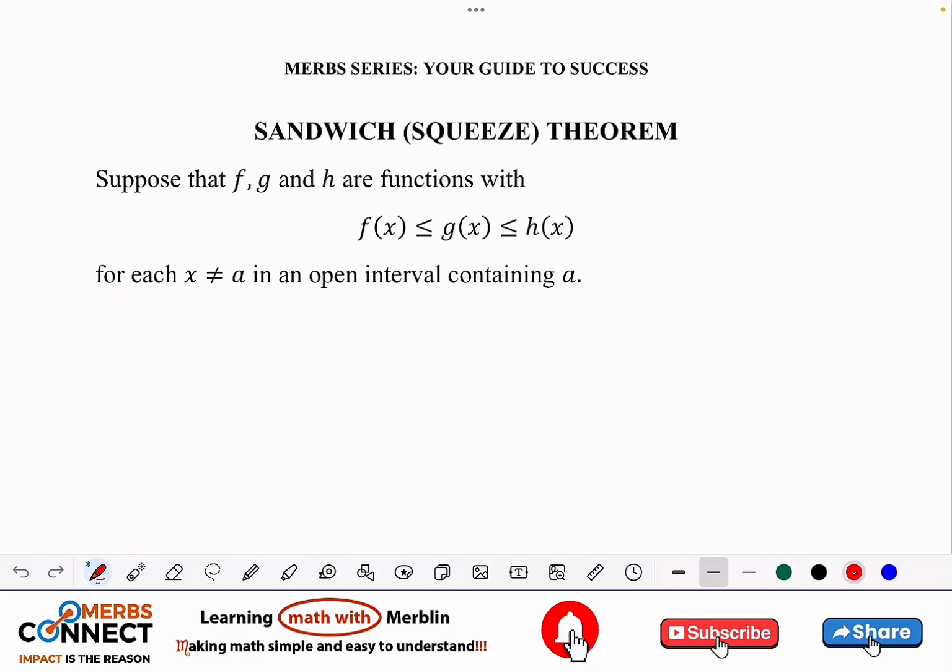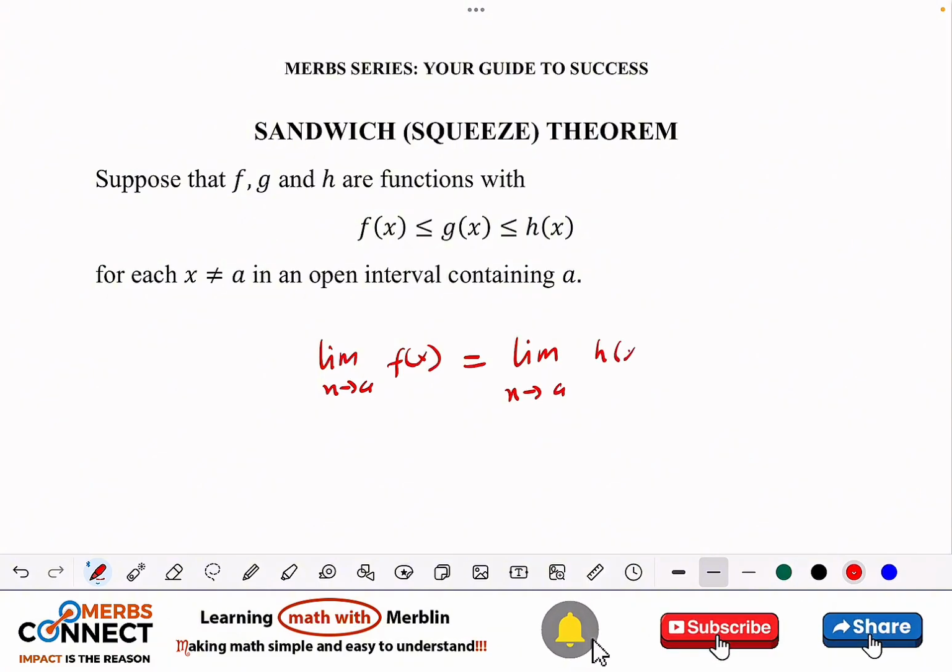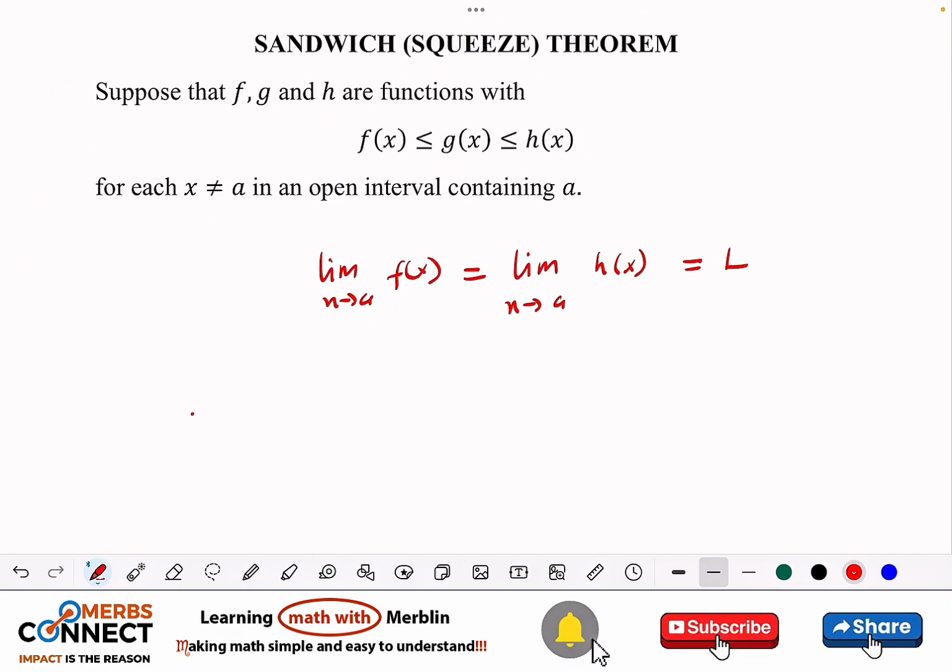We are assuming that the limit as x approaches a of f of x is equal to the limit as x approaches a of h of x, and these are equal to L. So if the limit on this side is L and the limit on this side is also L, then we conclude that the limit as x approaches a of g of x is equal to L.